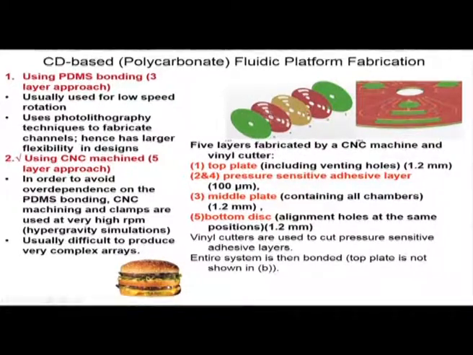So the layer number 1 is a top plate, typically thickness 1.2 millimeter. This is not a magic number, this is based on some experiments that we have done in our lab. So you should not take that in all cases it should be 1.2 millimeter. This is just to give you an estimate of the typical dimensions.